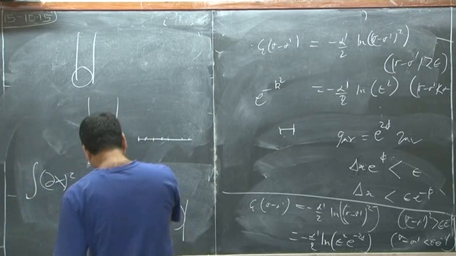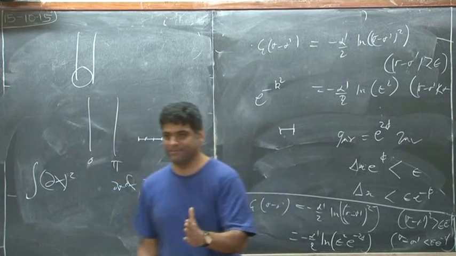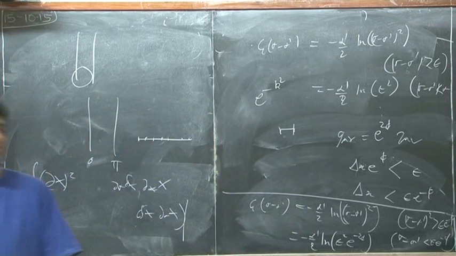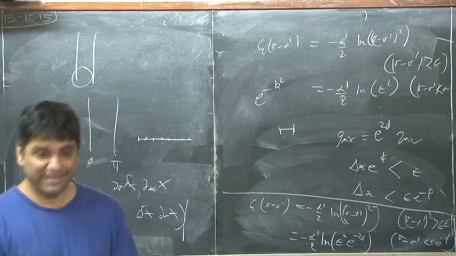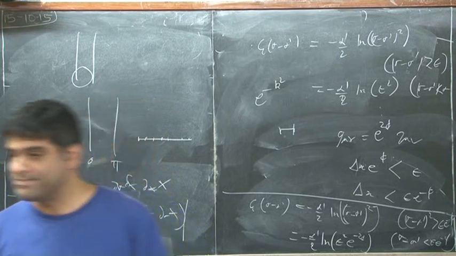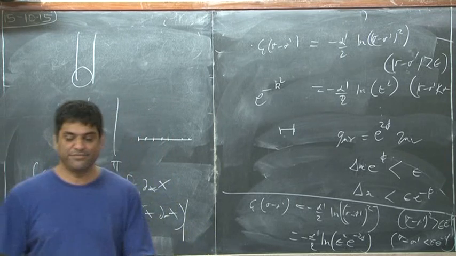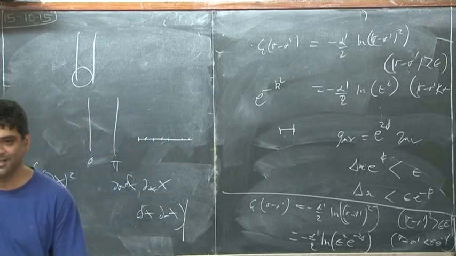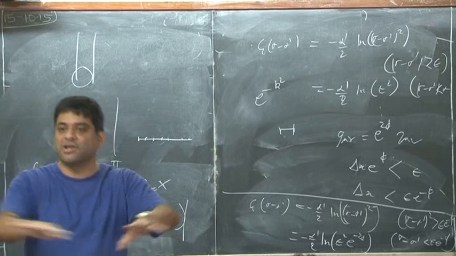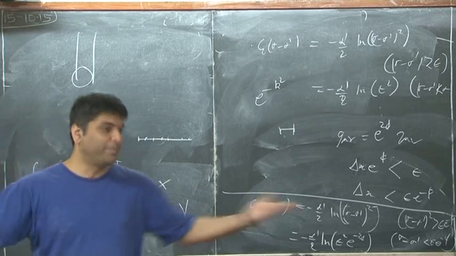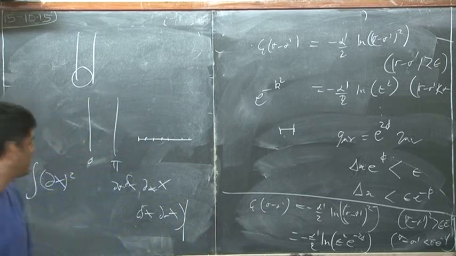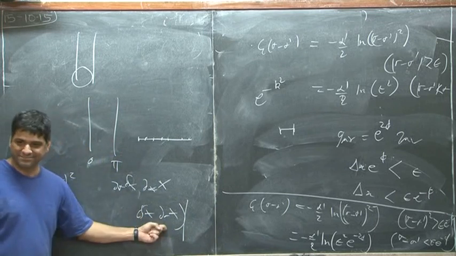Now, if x was something specific at the boundary, that choice breaks Lorentz invariance, because it's a choice of x. Actually, this boundary condition will turn out to be very interesting when we come to study D-branes, because there will turn out to be nice, interesting solitonic states in string theory, which do break translation invariance, and whose effective description is given by putting Dirichlet boundary conditions on open strings.